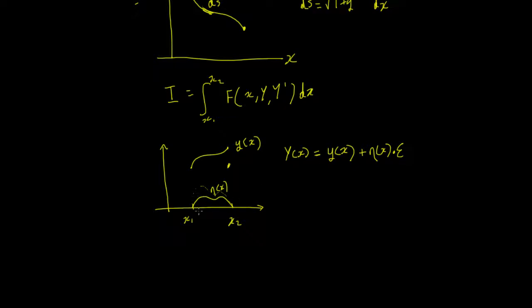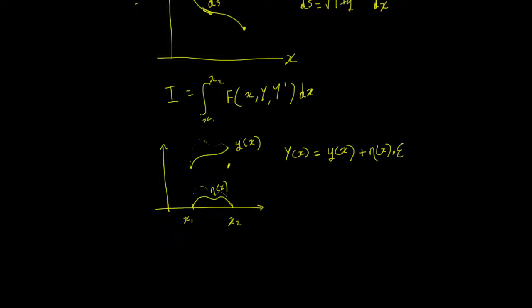Now if we were to take this eta of x times epsilon, and then add it on to our original y of x, we would be adding, for example, in one example where epsilon equals 2, this dotted line here onto this line y of x. So our new large Y of x would look something like that. Now that's just one curve.